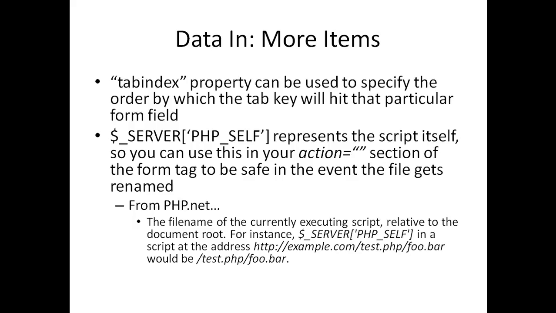If you're submitting it to another page, I like to submit mine to the form name underscore process.php, though sometimes I have to submit them to the exact same page. If I need to submit them to the same page, I'll use this as the action so that I always have the current name in the action statement.